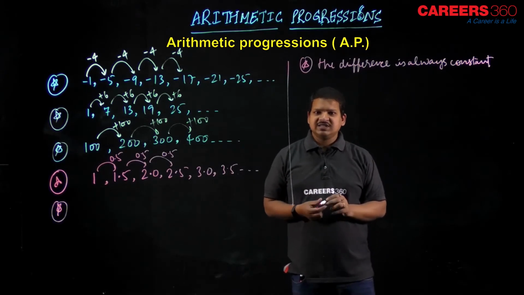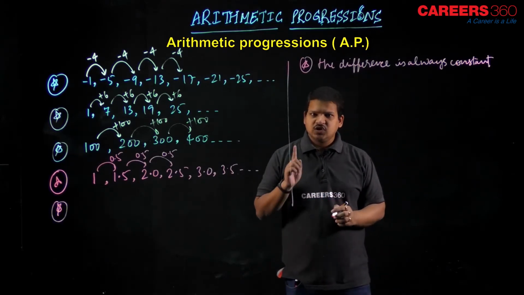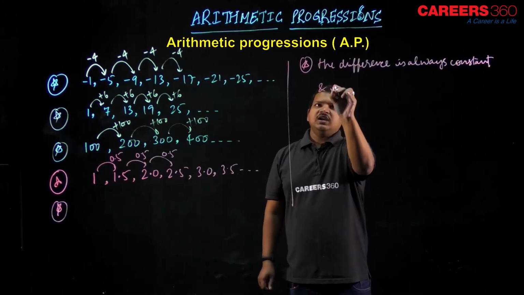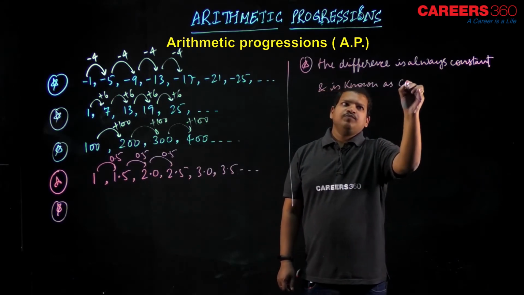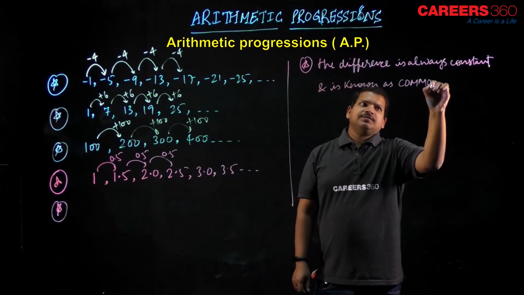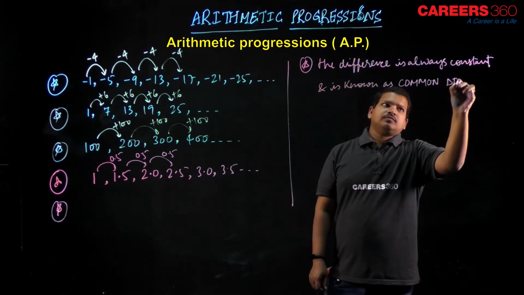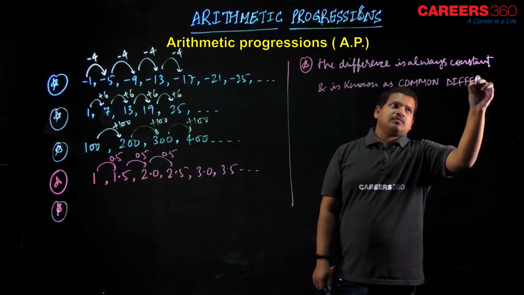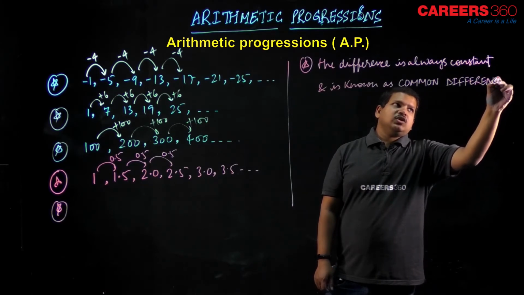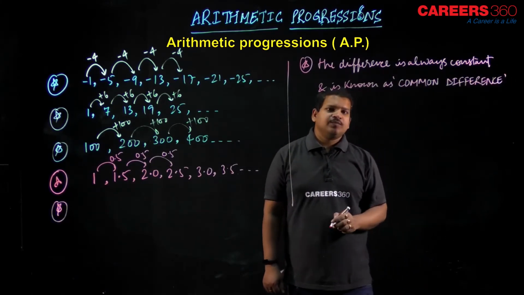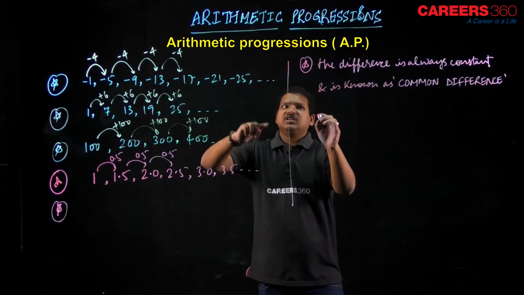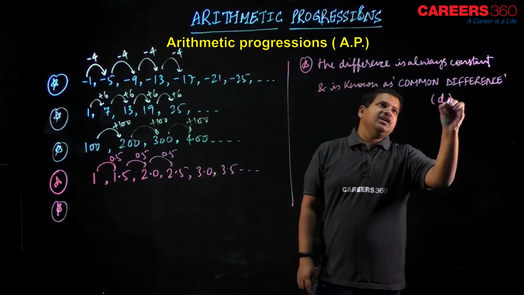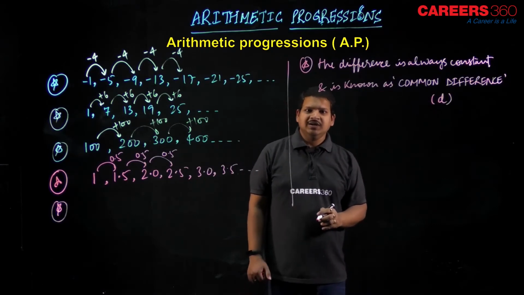First trait is the difference is always constant and is known as common difference. Generally it is represented by D.